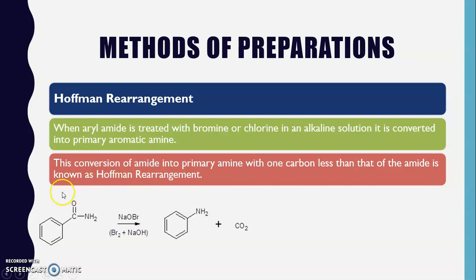Now you can see in this starting material there are 7 carbon atoms, 6 from the benzene and one in addition to that. So in this rearrangement, the NH2 group is migrated from this carbon atom to the aryl carbon atom, and due to this, carbon dioxide is produced as a byproduct.